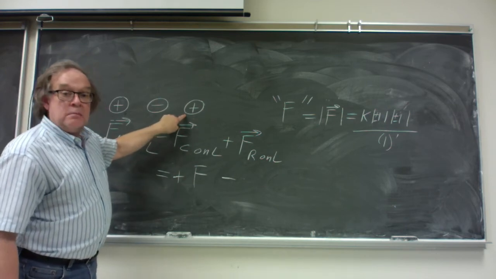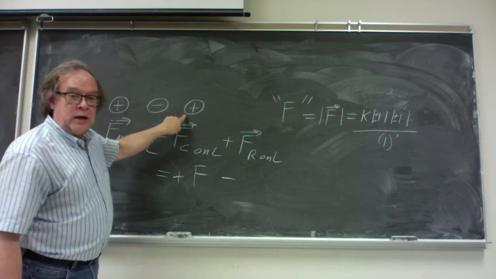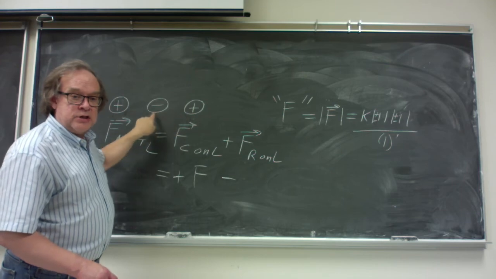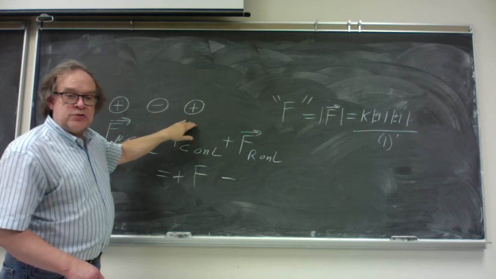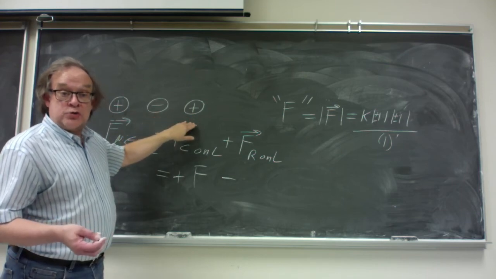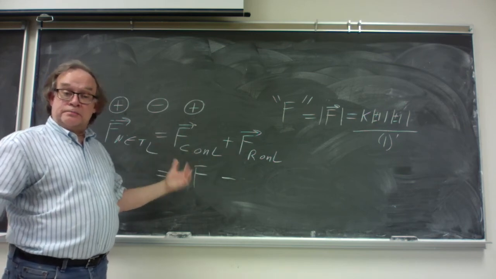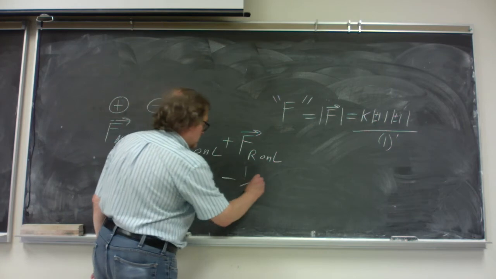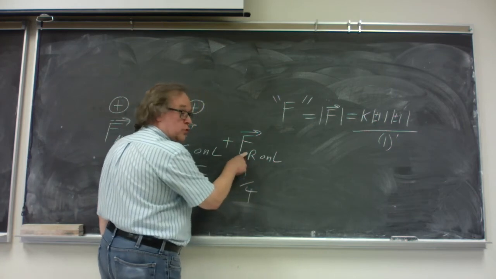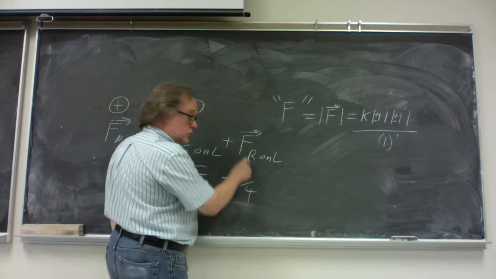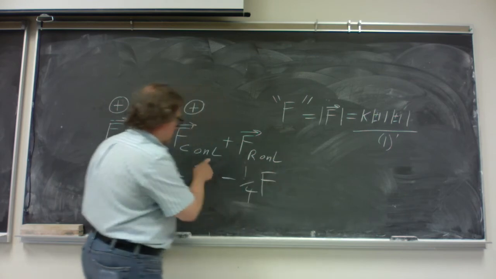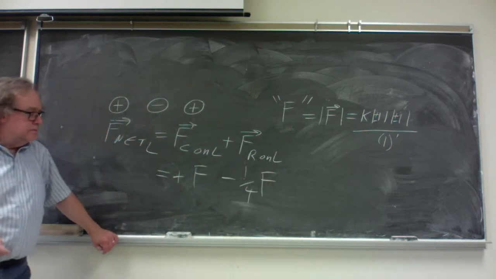And this one, being twice as far away from the left-hand charge as this one is, has a force that's only 1/4 as strong. You double the distance, you cut the force down to 1/4. So the strength of this force, the force from the right-hand charge on the left, is 1/4 the strength of this one.